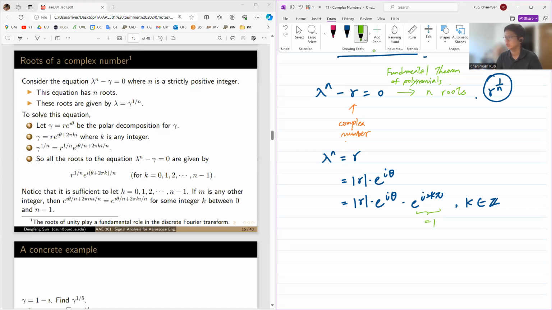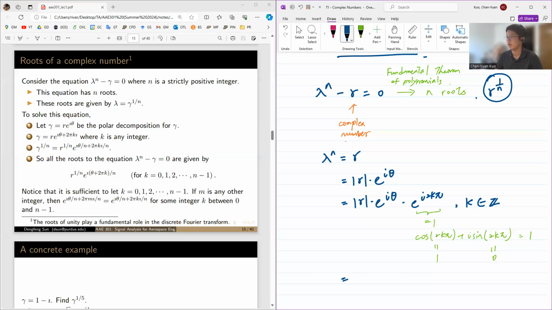To see this, let's apply Euler's formula. We know that e to the i 2k pi equals cosine 2k pi plus i sine 2k pi. Cosine 2k pi is 1, and sine 2k pi is 0 when k is an integer. That's why we end up with 1.